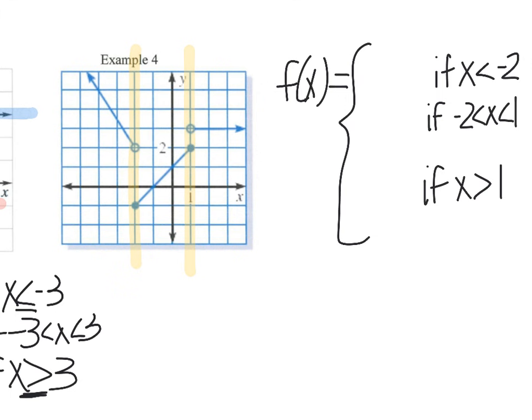I think I made our brace a little too big here. So we've got 3 different parts to this piecewise function. So first thing we want to do is look at the part when x is less than -2, so to the left of this line. That would be this one right here. So let's identify that. I'm going to highlight that one in red. So that is our line when x is less than -2.